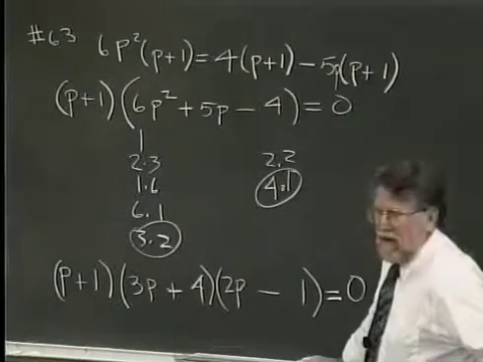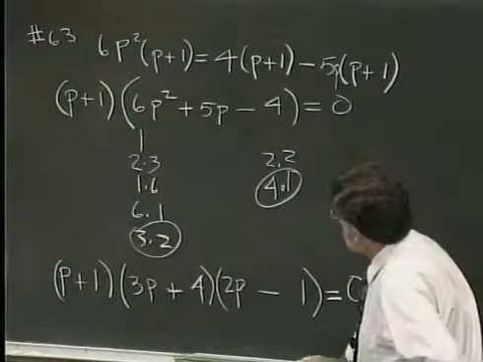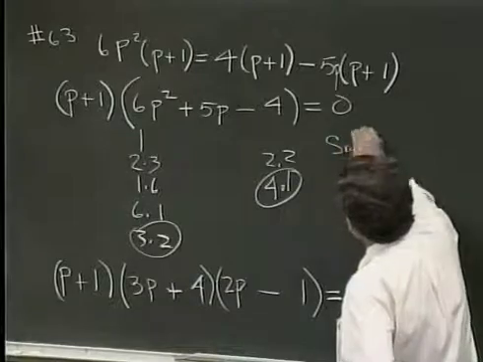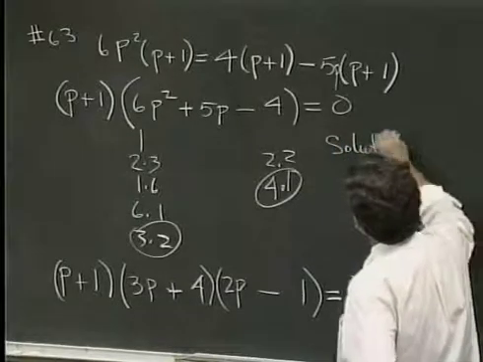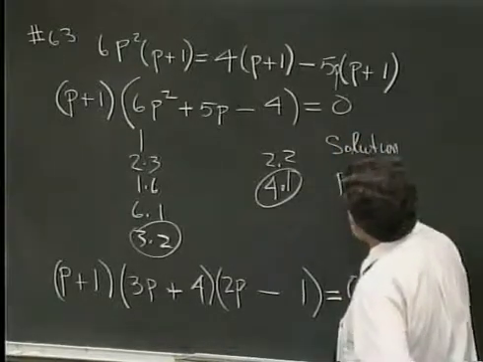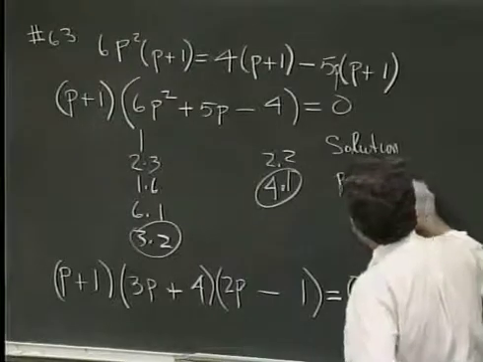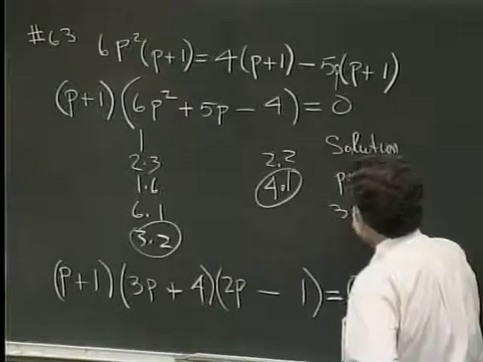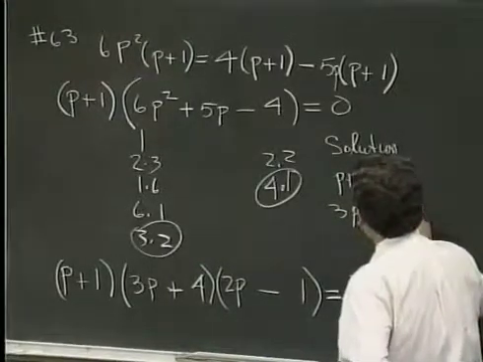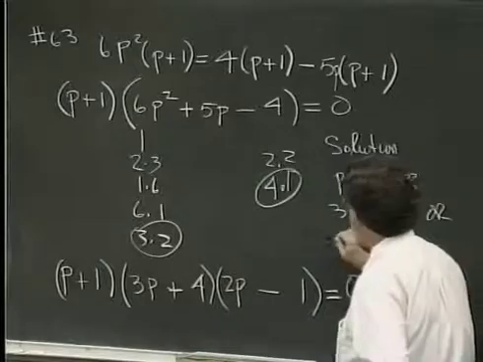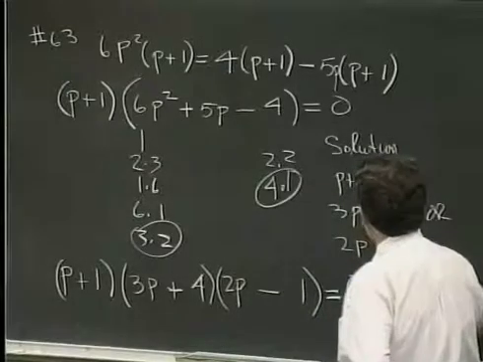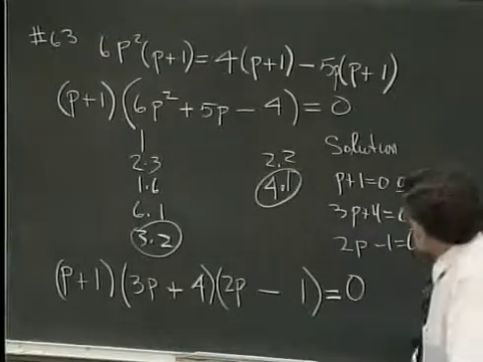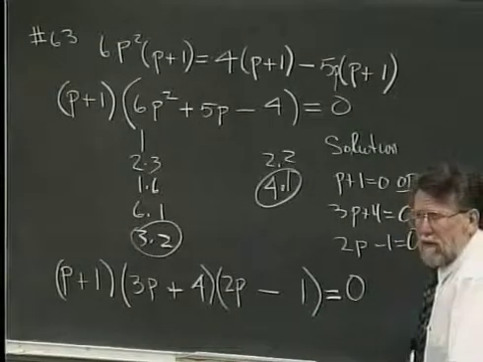So I take each factor and set the factor equal to 0. So if I look at the solution now, it is saying that p plus 1 is equal to 0, or 3p plus 4 is equal to 0, or 2p minus 1 is equal to 0. Well, that gives me a solution set that's going to contain 3 different values.